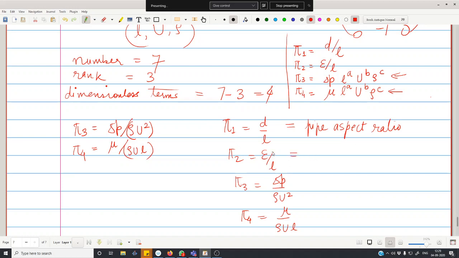And actually, epsilon by L sort of has no physical meaning, but it can be written as epsilon by d multiplied by d by L. Epsilon by d is like the relative roughness.